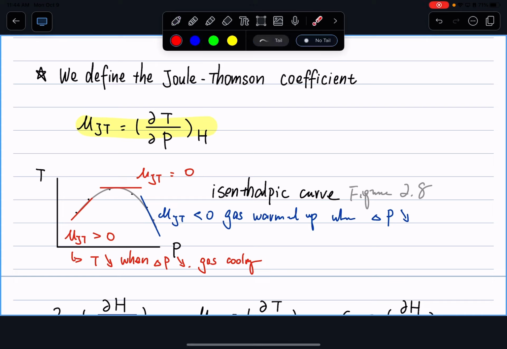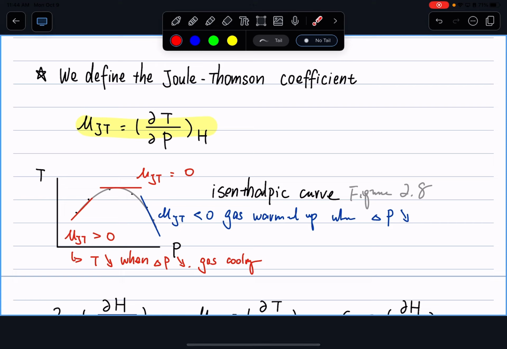Well, you have different colors. When we're talking about different positions there, depending on what your Joule-Thomson coefficient is, you have a different relationship, or you can predict that gas to behave differently. When the Joule-Thomson coefficient is larger than 0, your temperature will decrease when your pressure is decreasing, right?